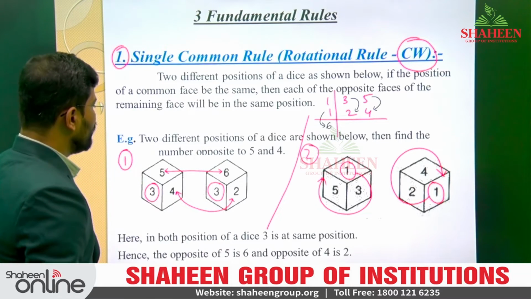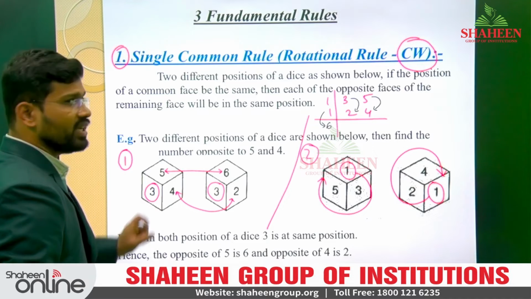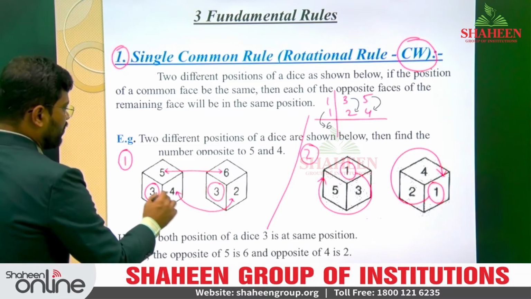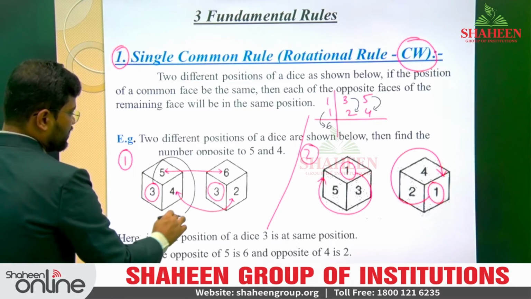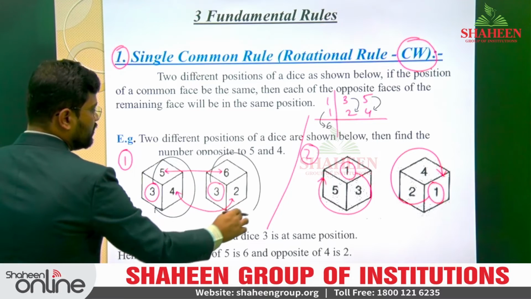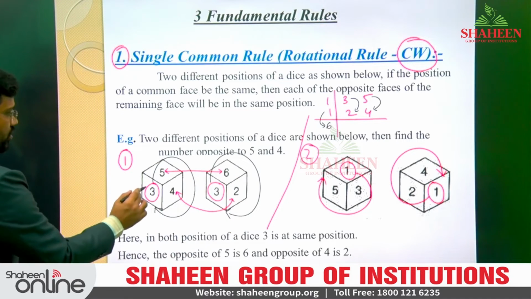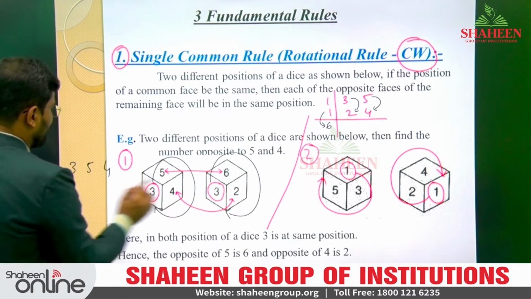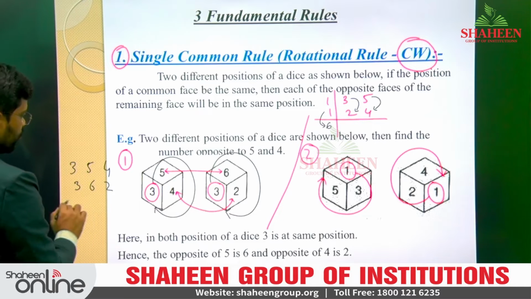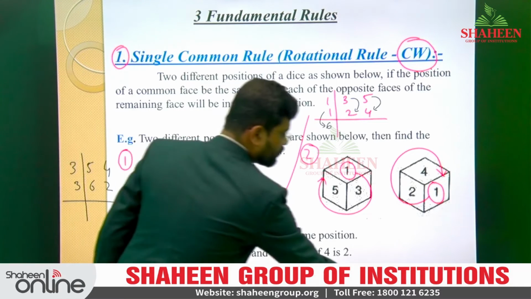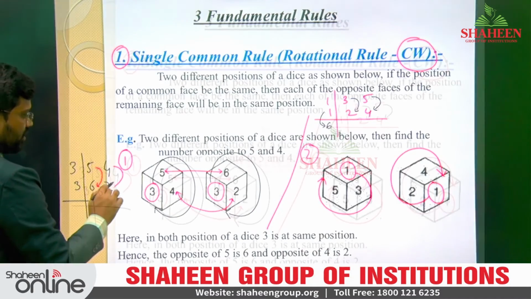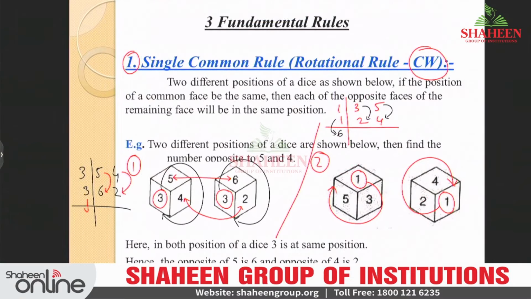Can we apply the rotational rule for example 1 as well? Even after applying it, will we get the same answer? Yes, definitely we will get the same answer. Which is the common element here? 3. Now rotate this in the clockwise direction. Now look, 3 5 4, 3 6 2. 5 is opposite to 6, 4 is opposite to 2 and 3 is opposite to, what is left? 1.